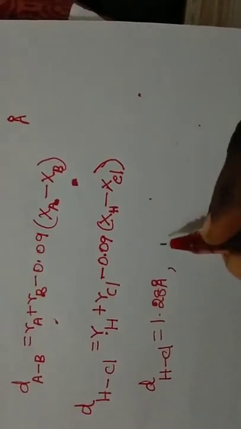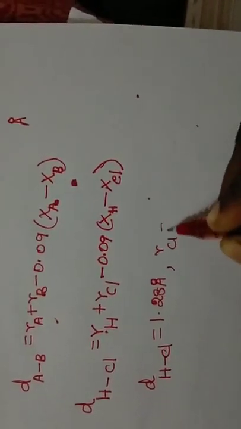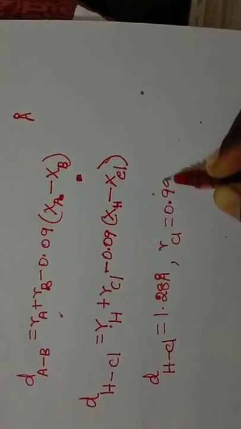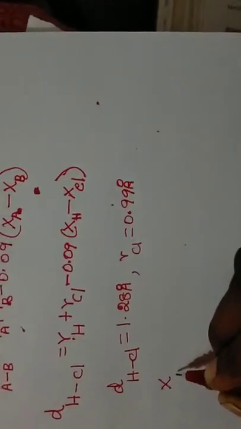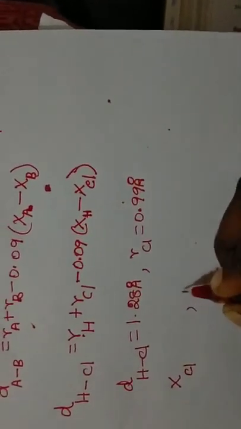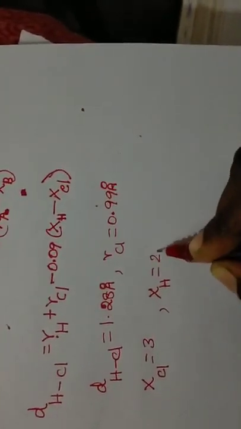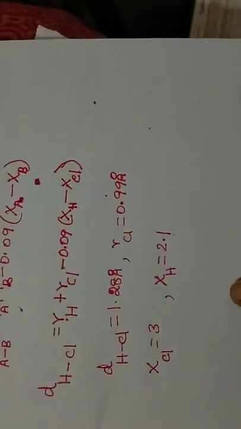Then the electronegativity for chlorine is 3 and for hydrogen is 2.1. From this data, we are going to calculate the radius of hydrogen.